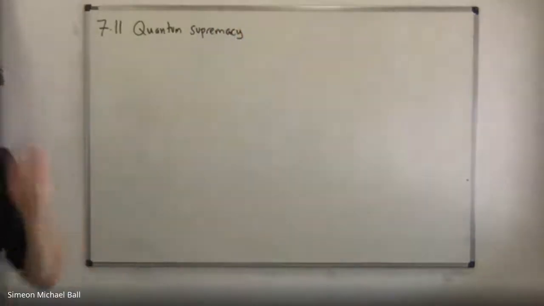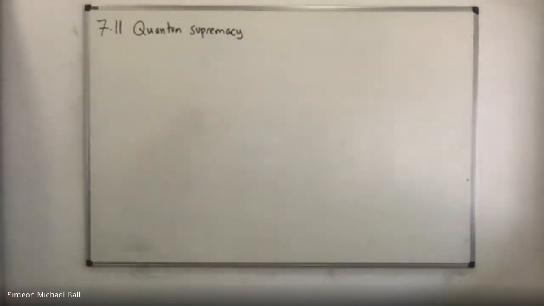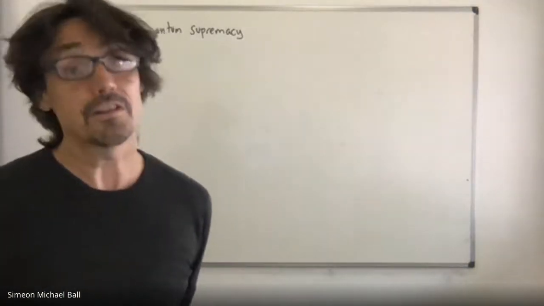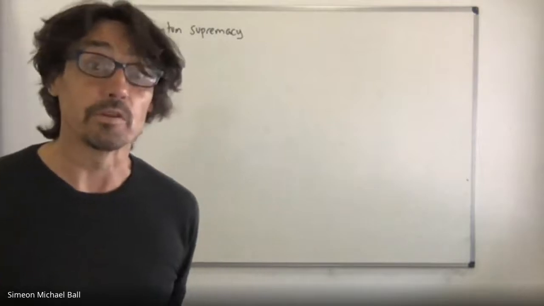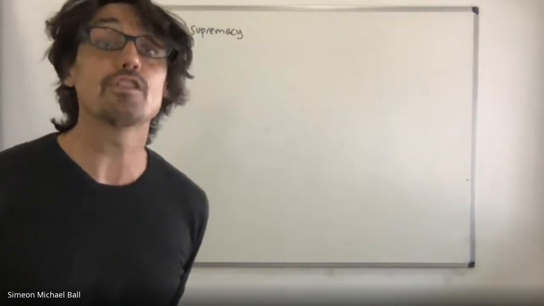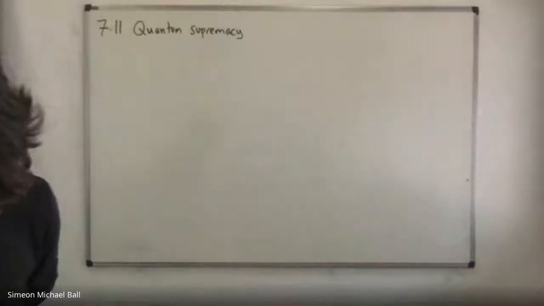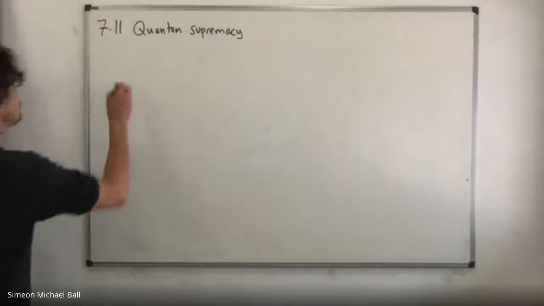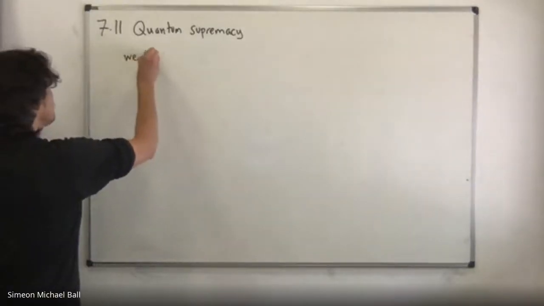Well, the general idea is the following. You want to build a quantum computer which is better than a classical computer. How are you going to prove that? How do you prove that your computer is better? Well, the idea is to look at quantum circuits.